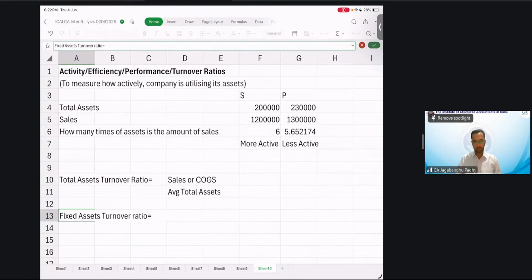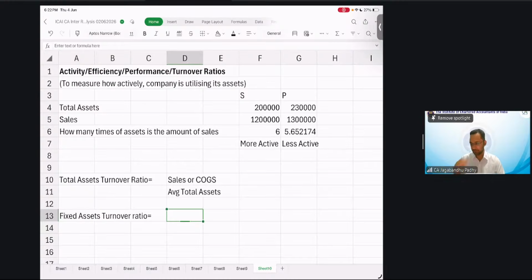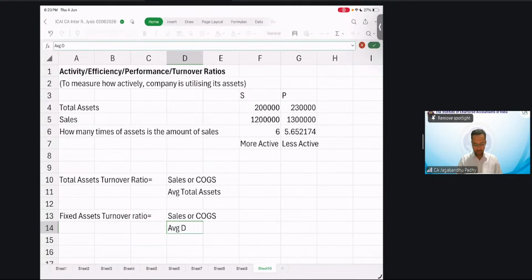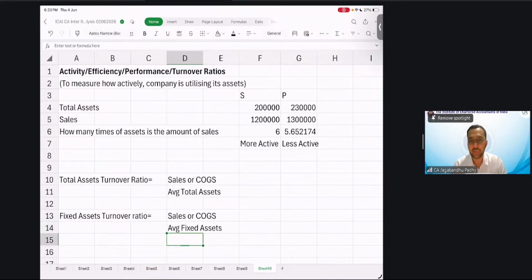If I want to see how effectively we are utilizing the fixed assets: sales or COGS, depending on whatever information is given to us, upon average fixed assets. That's your fixed asset turnover ratio.